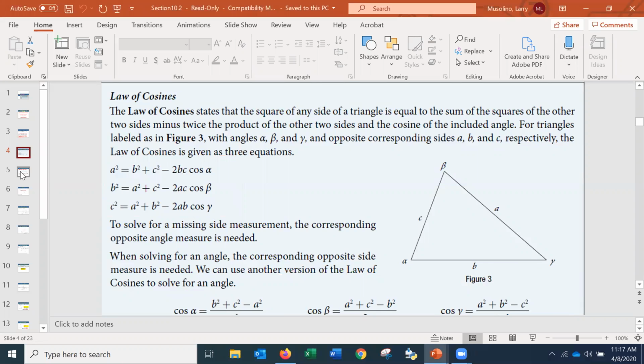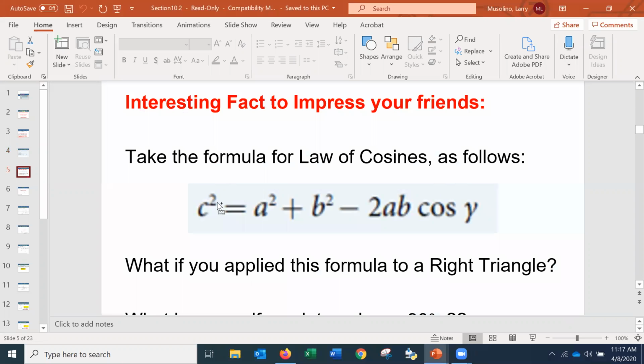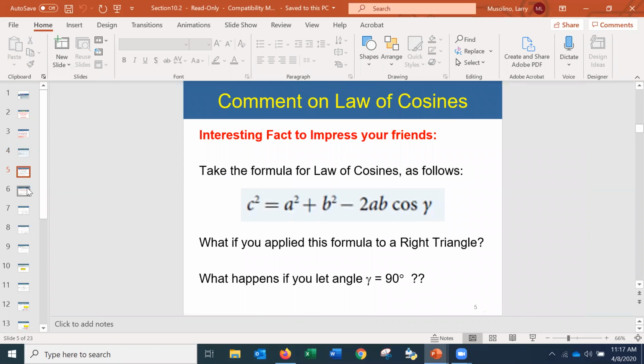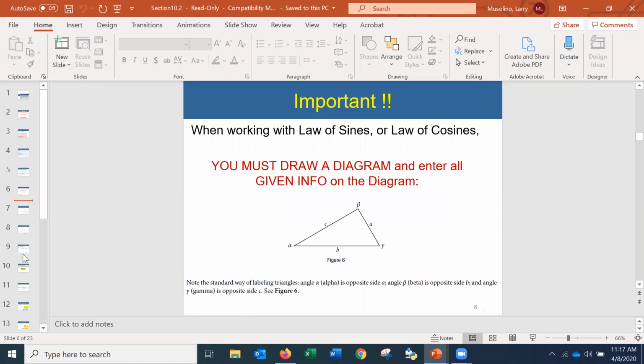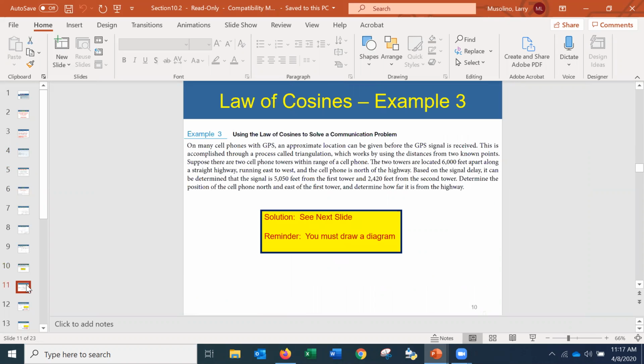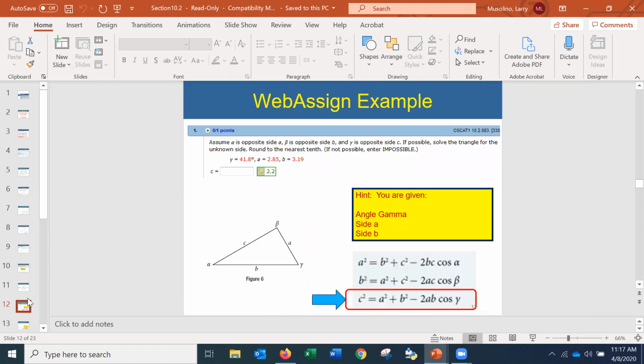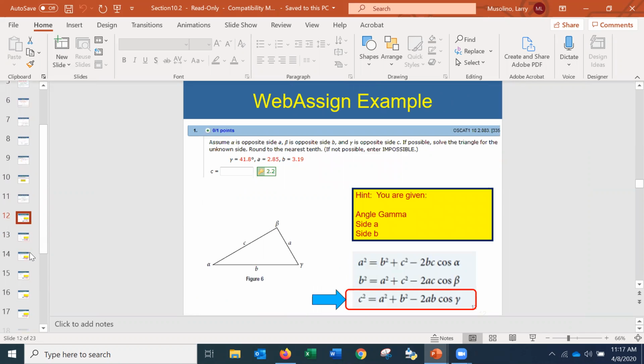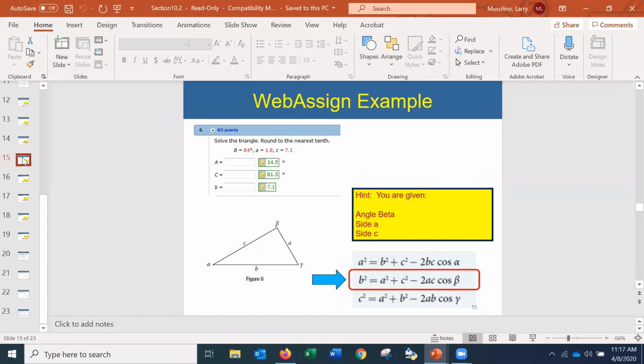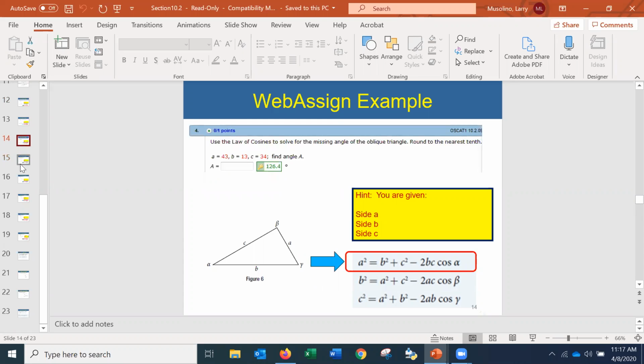All right, so why don't we go ahead and go back to doing some examples. Let me go down. I'm going to check out where we left off. Let's see. We're doing these WebAssign examples. I think we might have left off with this one here.